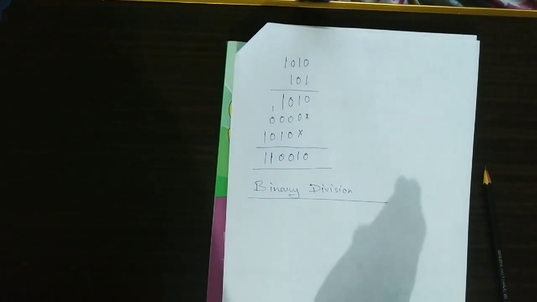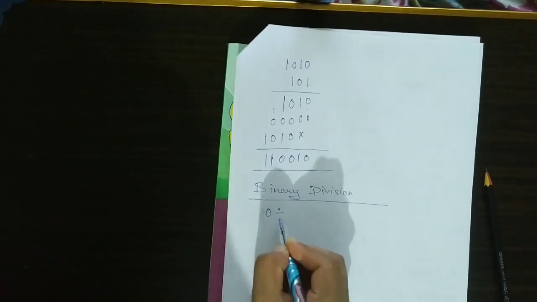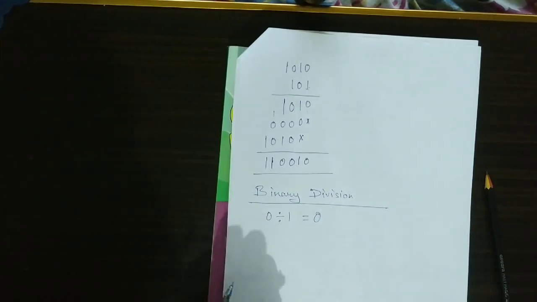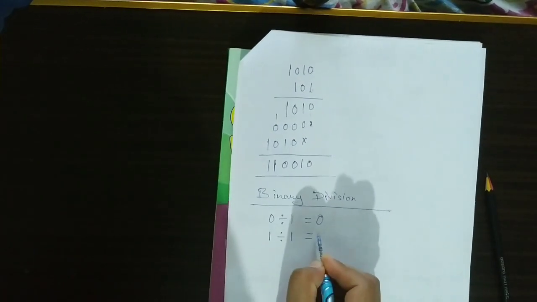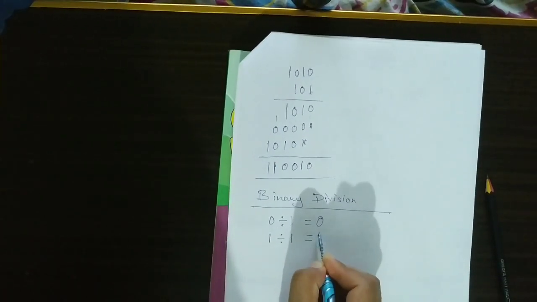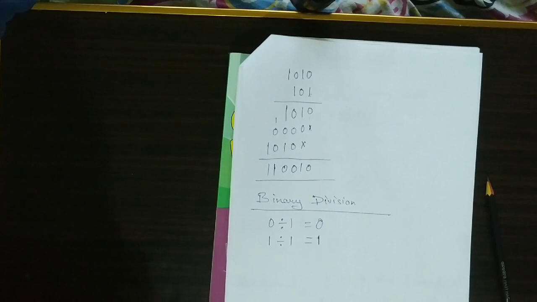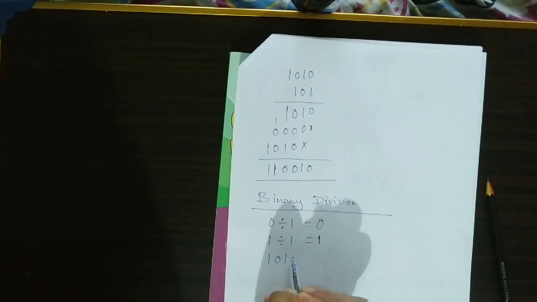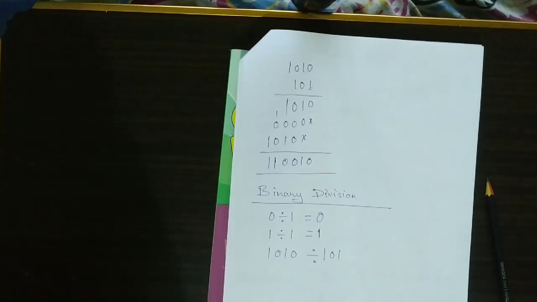First I'll tell you, when we divide 0 from 1, answer will be 1, and when we divide 1 by 1, answer will be 1. And as you know, we cannot divide by 0. Let us take an example. For example, I am dividing 1010 by 101.